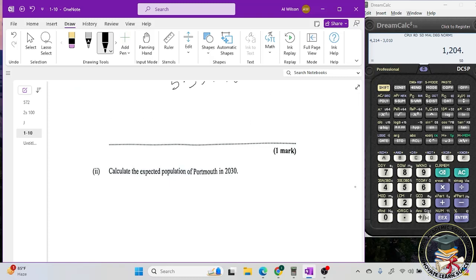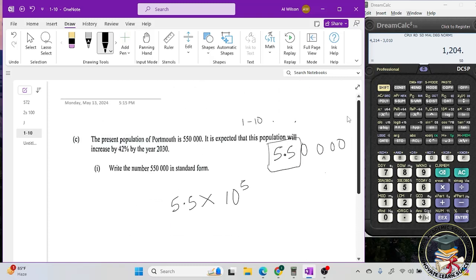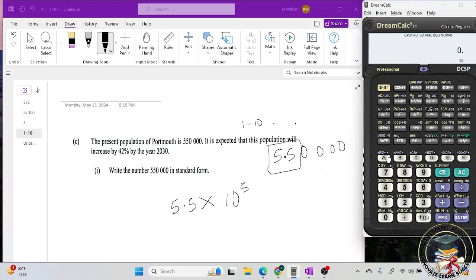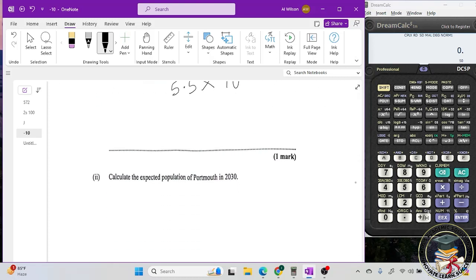The next part says to calculate the expected population of Portsmouth by 2030. Now this is actually very straightforward. We know that it's going to increase by 42%. So let's do the traditional percentage approach, which is 42 divided by 100 times 550,000.